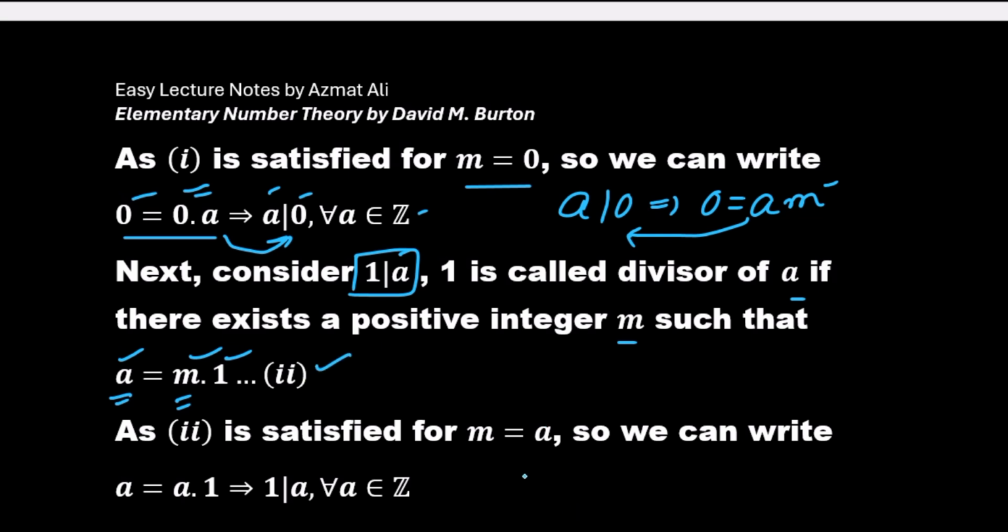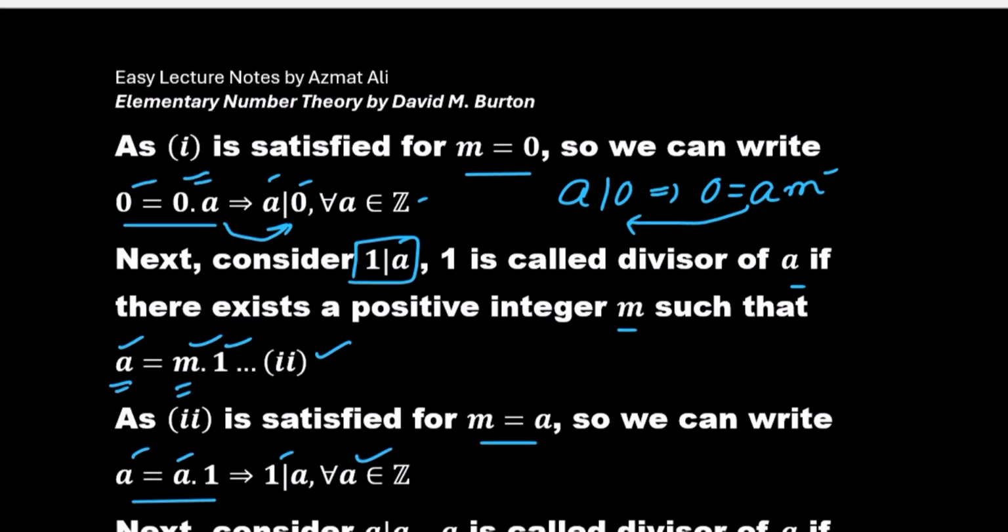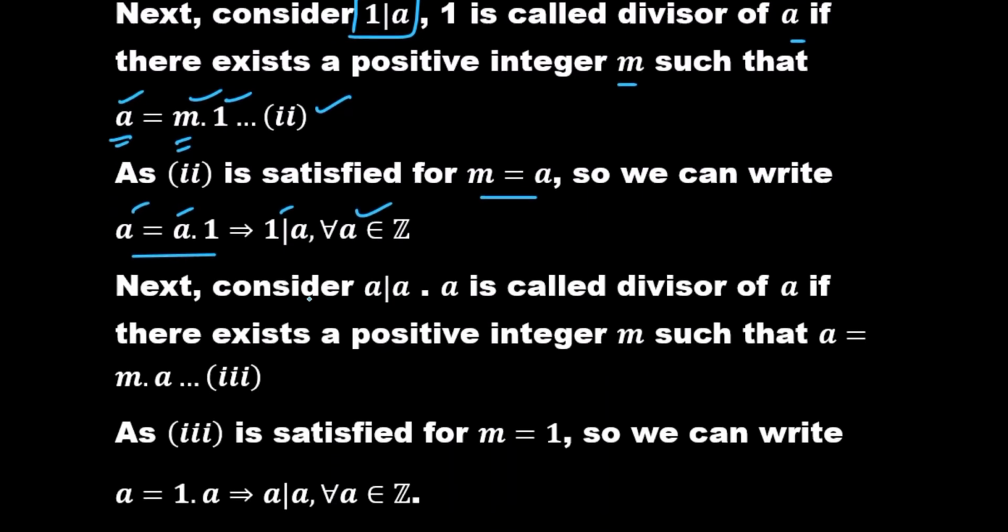Now you have to think for which value of m equation 2 holds. As 2 is satisfied for m equal to a, we can write a is equal to a into 1. If you write this equation in the form of divisibility, you can write it as 1 divides a for all a belonging to Z. Next, in the third part, we have to show that every integer is divisible by itself.